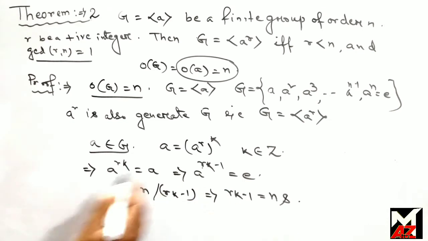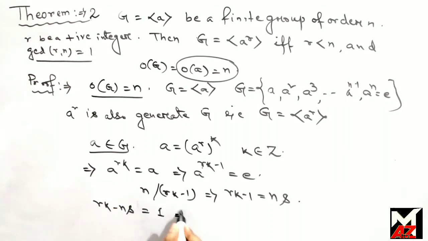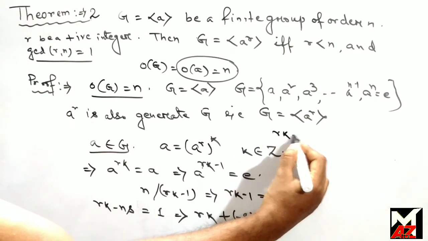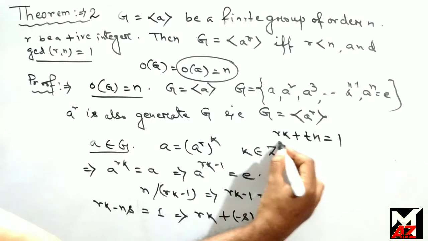Now this relation gives rk minus ns is equal to 1, and this is rk plus minus s into n is equal to 1, and we write minus s is equal to t. That is, we can write rk plus tn is equal to 1.